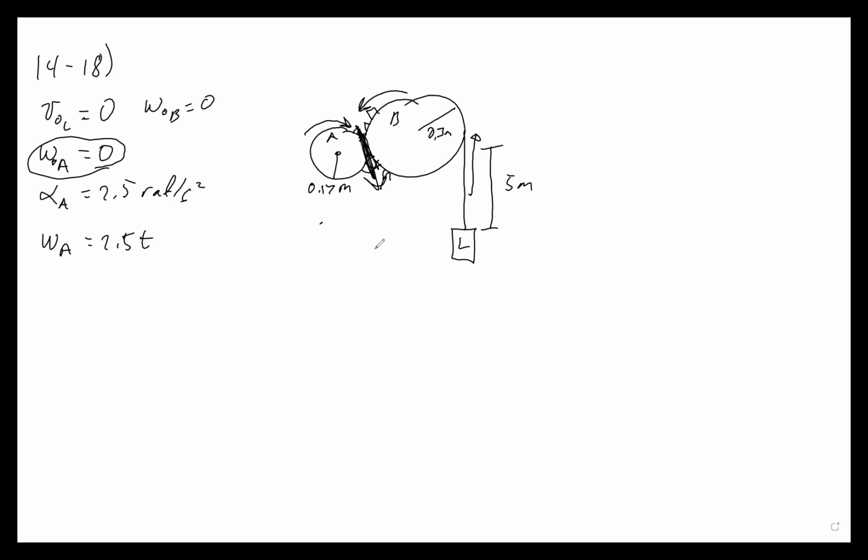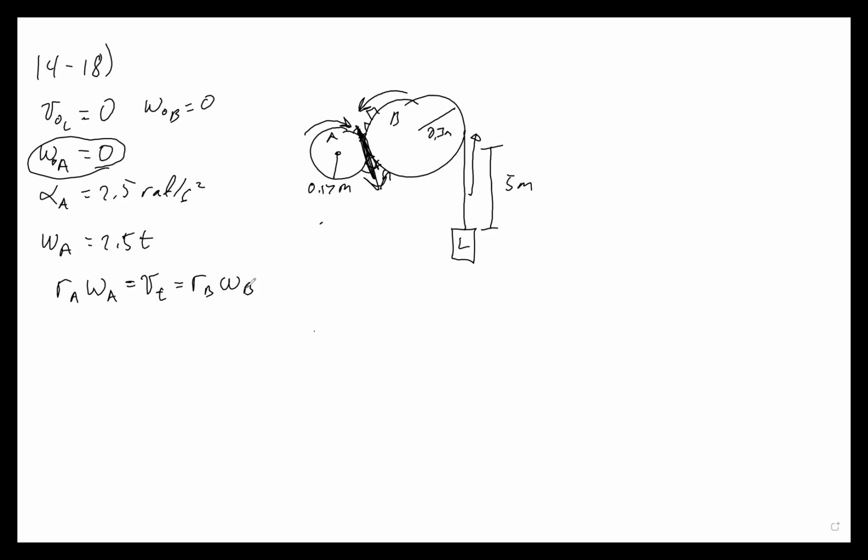All right, how do we find the linear velocity of a rotating object? It's the radius times the angular velocity. So if the radius of A times the angular velocity of A is equal to the velocity of the teeth, and the teeth are connected to each other, then we also know that the radius of B times the angular velocity of B is also equal.